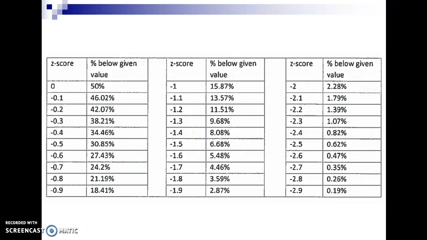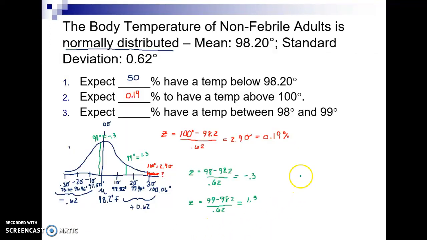So I'm going to take both of those numbers back to my problem. So this one gave me a percent of 38.21%. And this one gave me a percent of 9.68%.